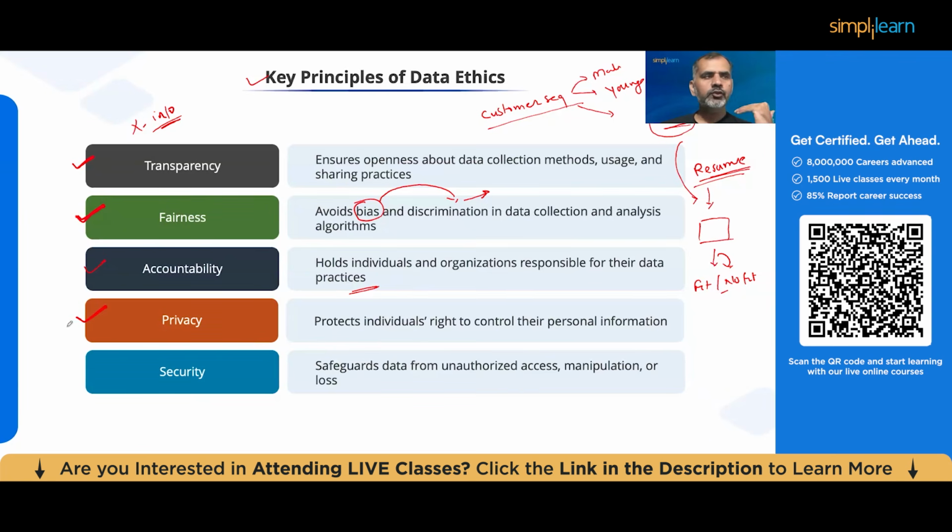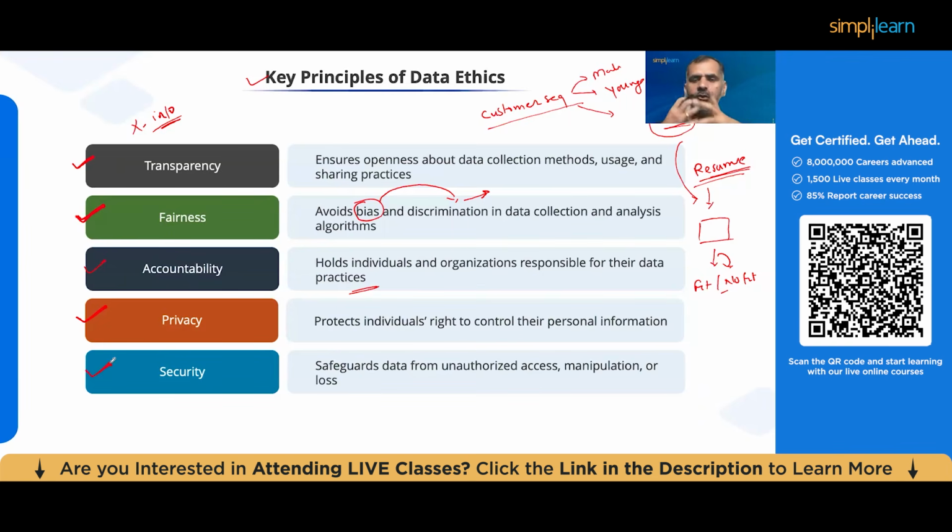Privacy is basically used to protect individuals' right to control their personal information. Every organization and everyone should respect this. If the customer is not ready to reveal personal information, you cannot force them to share it. And finally, security.